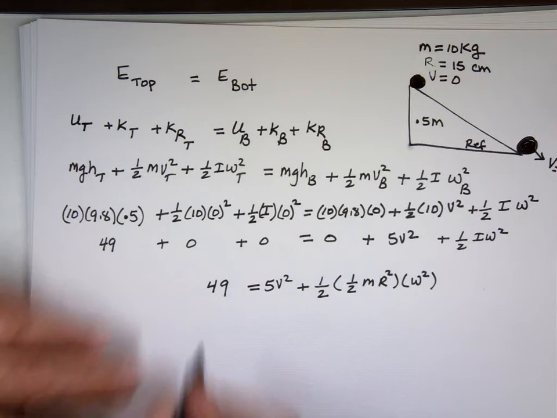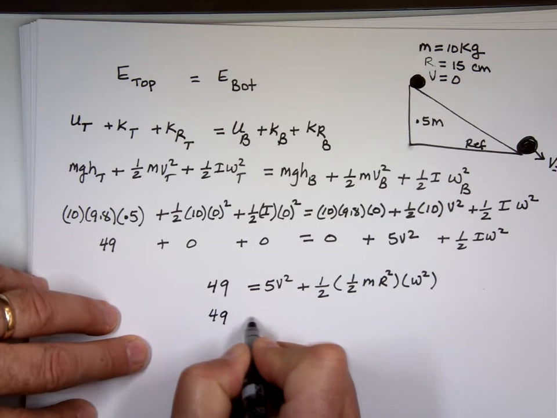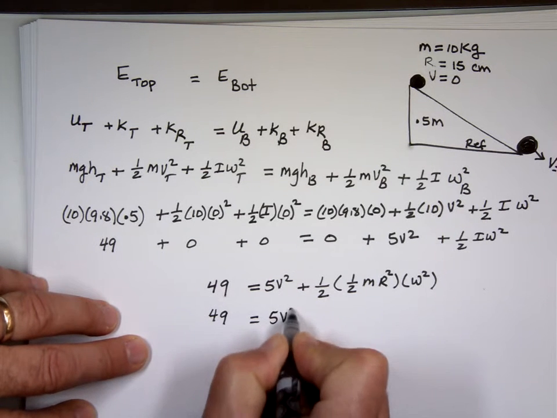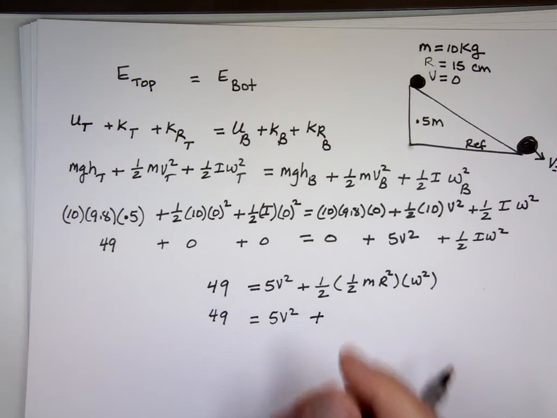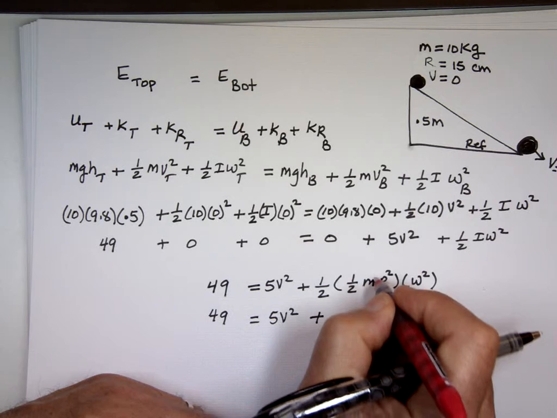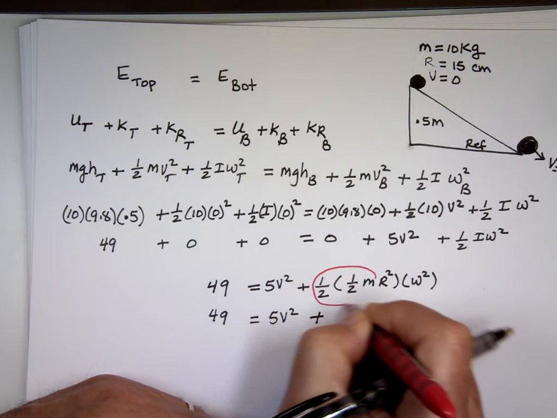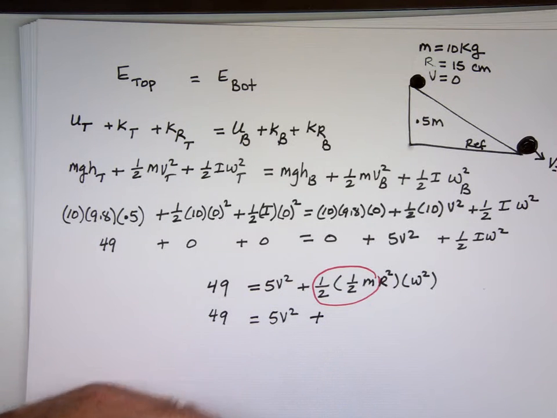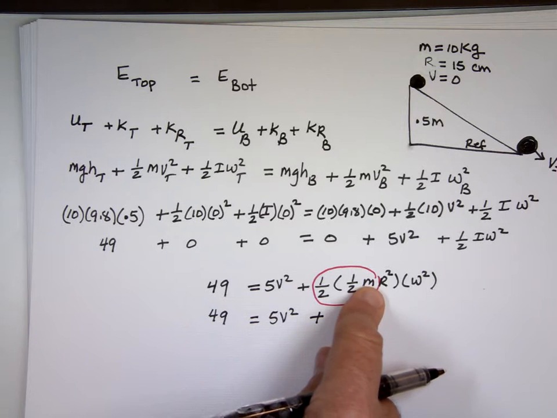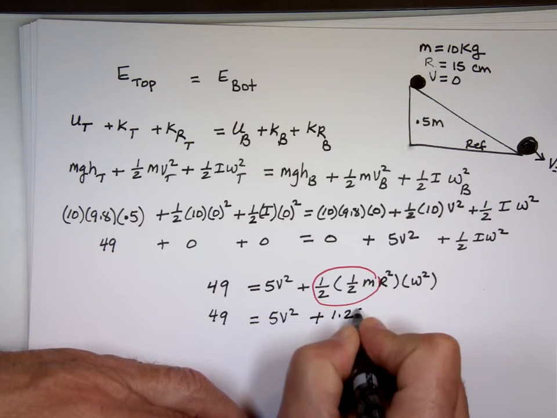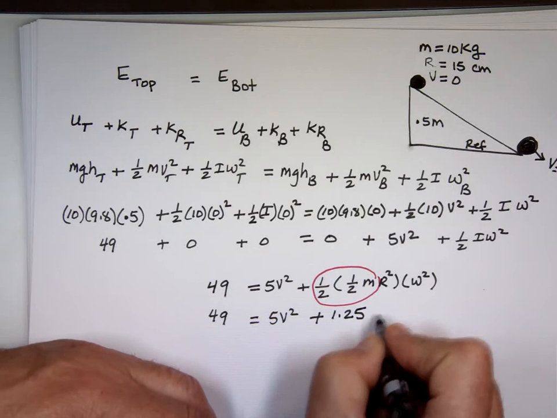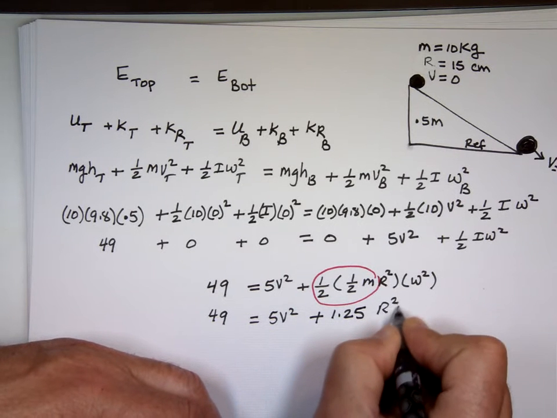So here we go, 4.9 equals 5V squared plus, let me multiply just these three numbers. 1/2 times 1/2 is 1/4 times the 10, which is 2.5, times R squared ω squared.